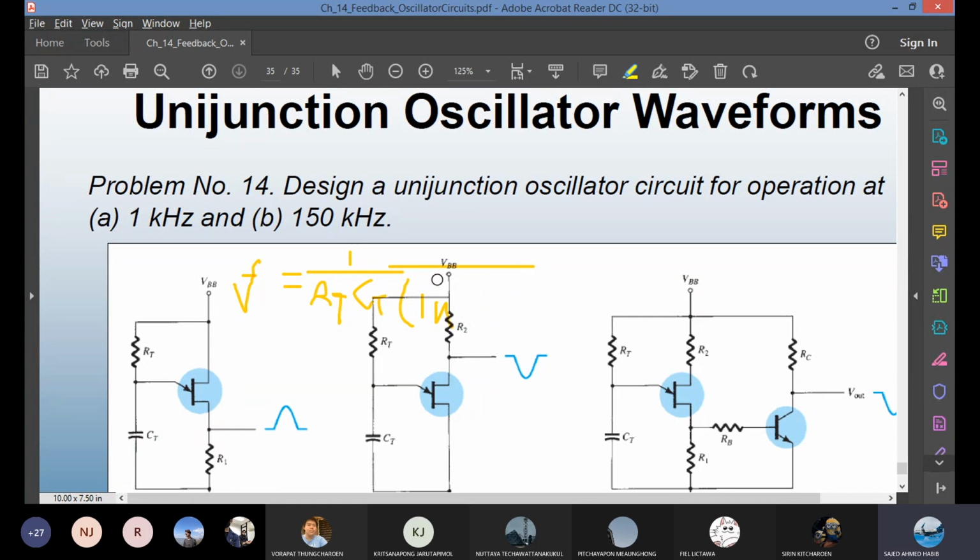Natural logarithm, so I'll put a square bracket first. Natural logarithm of 1 over 1 minus eta, the Greek symbol.